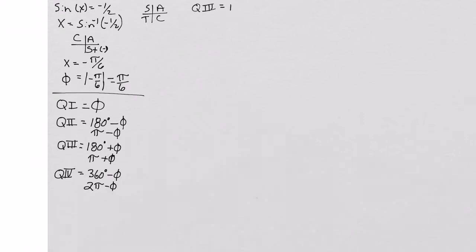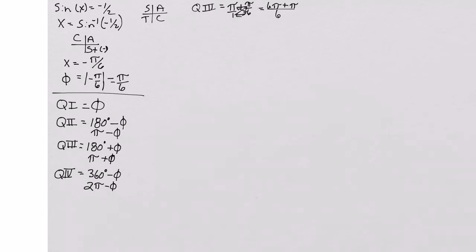We have to do pi plus my reference angle, which is pi over 6. Your favorite thing, adding and subtracting fractions. Put pi as pi over 1. Multiply your bottoms. That's going to give you a 6. Multiply up. 6 times pi is 6 pi. Plus, multiply up. 1 times pi is pi.